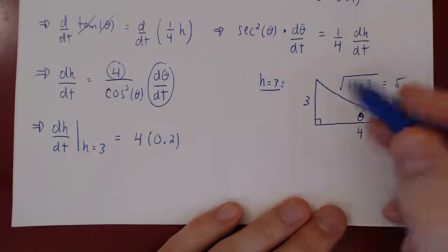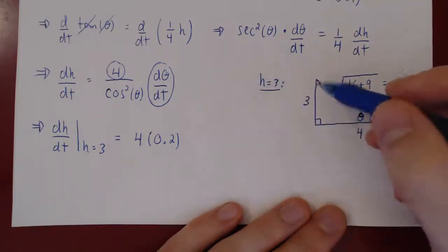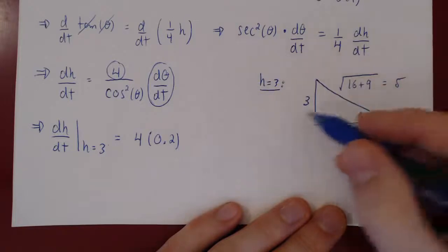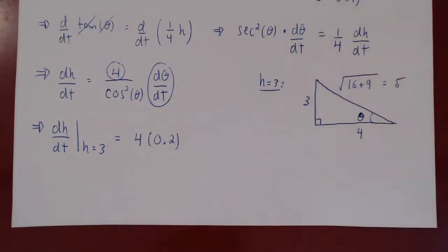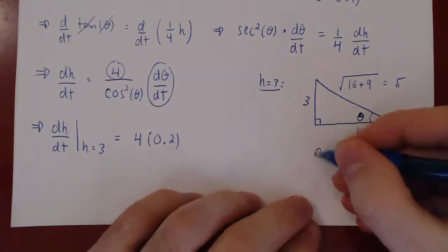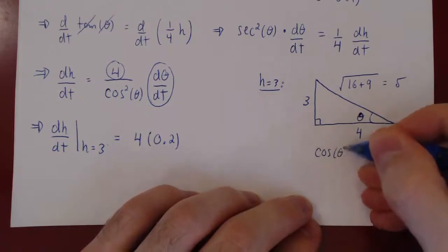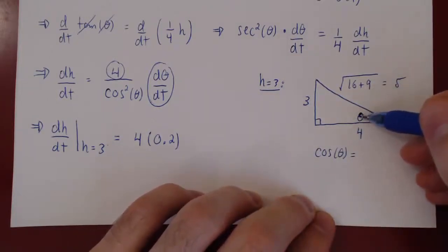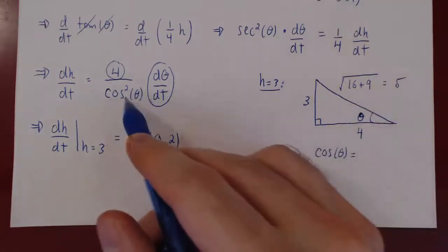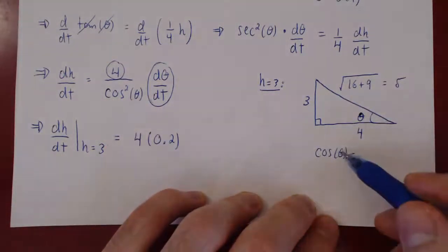And now we have a complete picture when the height is 3. The height of our triangle is 3, the base is 4, and the hypotenuse is 5. So we can easily now find cosine of theta. Go back to your definition, and you see we don't really care what the angle is because we only need the cosine of the angle.